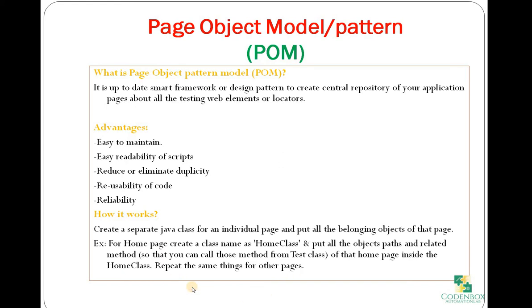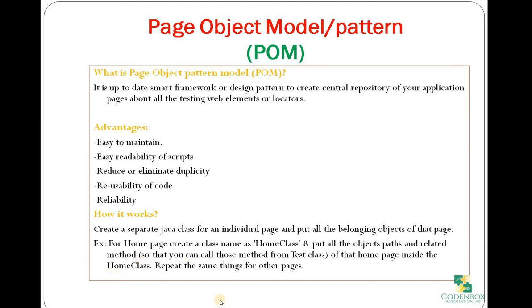So how does it work? In a nutshell, what's the simpler way you can explain it? We create a separate Java class for an individual page and put all the belonging objects of that page.